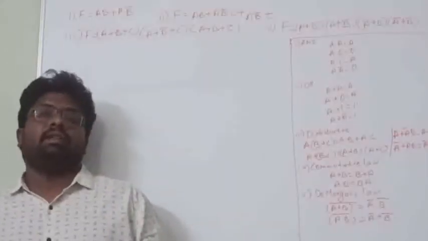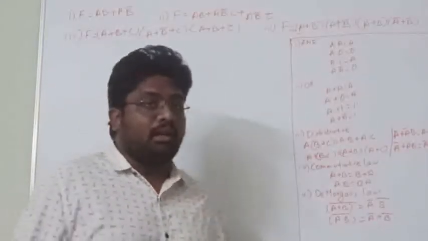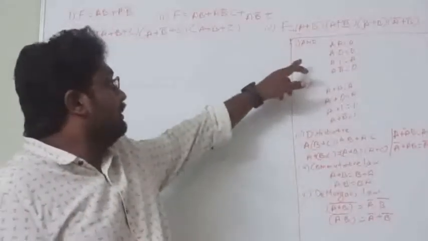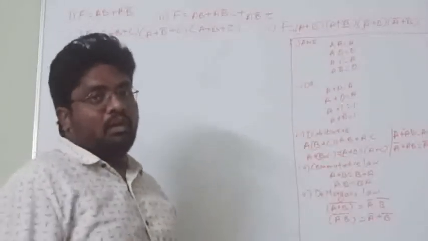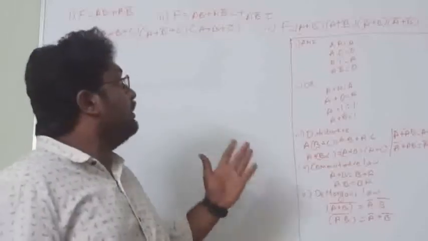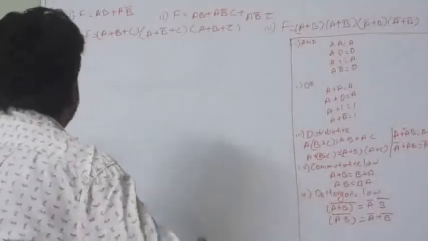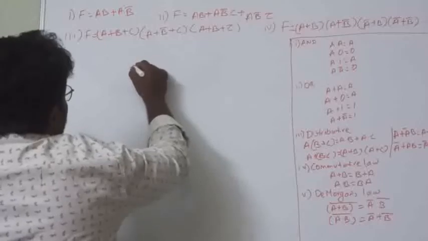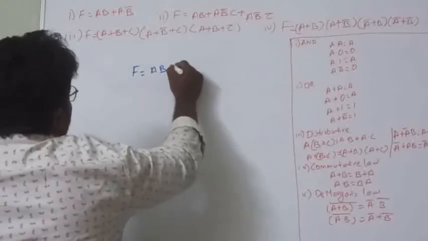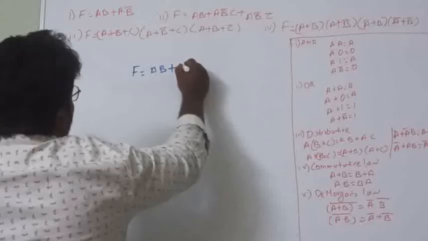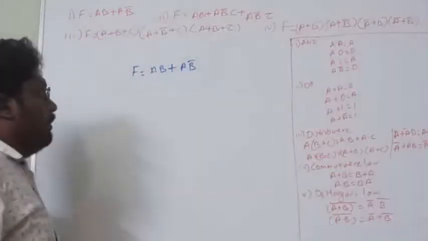Here we are given a few examples on Boolean algebra, and on the right side I have written all the rules we have seen before. So let us solve all these 4 problems one by one. The first one: let us take f equals A and B or A and B complement.